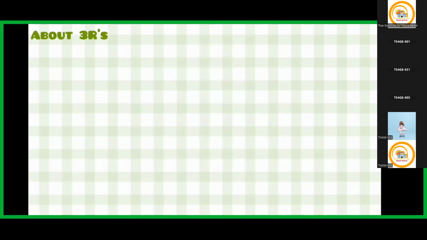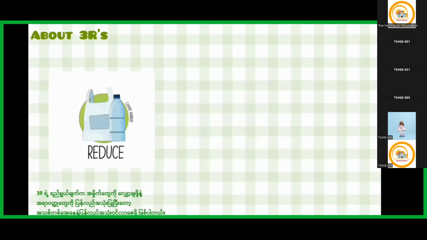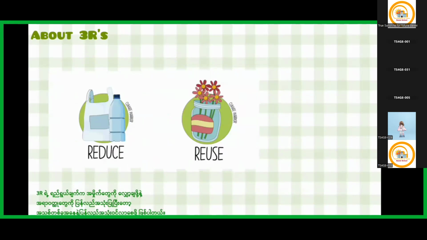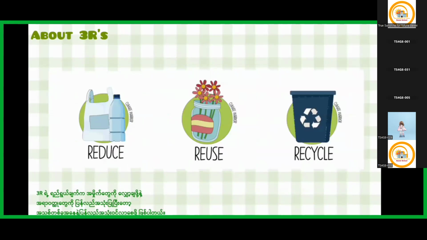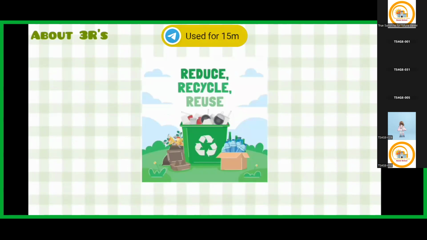About the 3 R's, it is an important concept for protecting and preserving the environment. It aims to reduce waste and make things reusable and useful again. If this idea is practiced in our daily lives, environmental pollution can be reduced and natural resources can be preserved for the future.